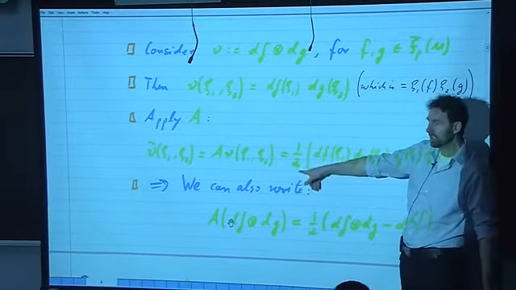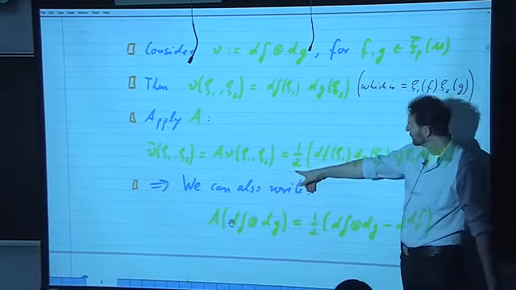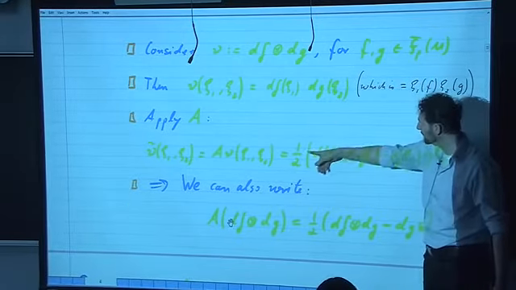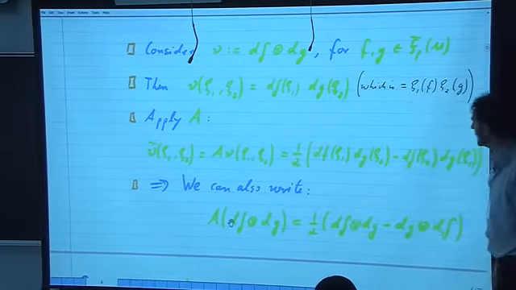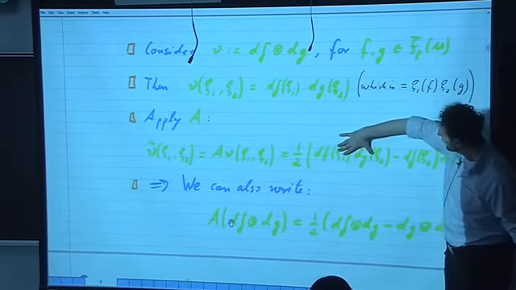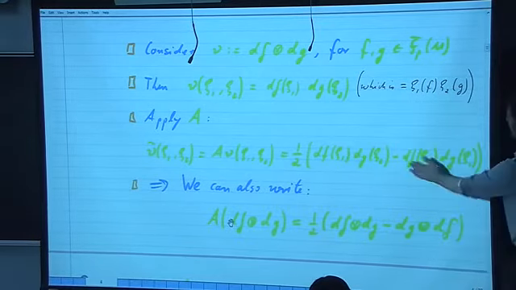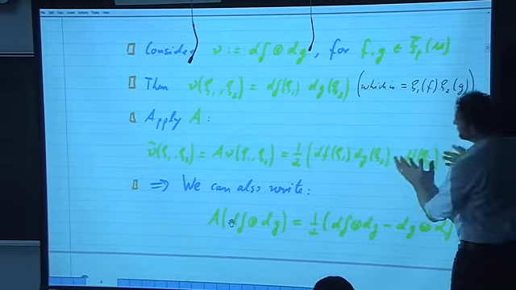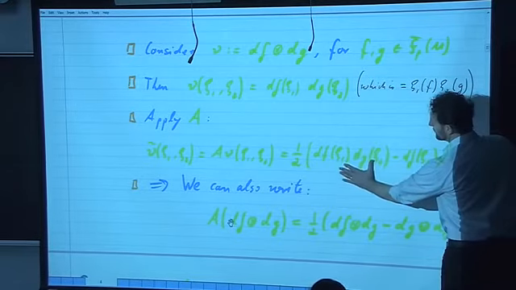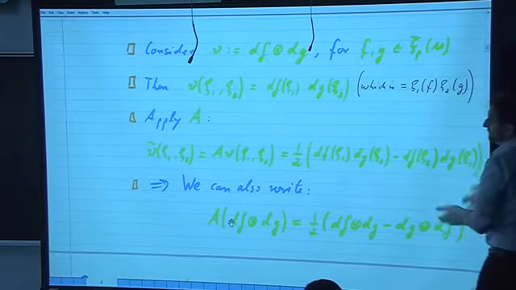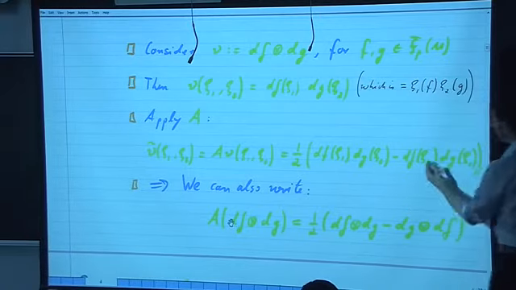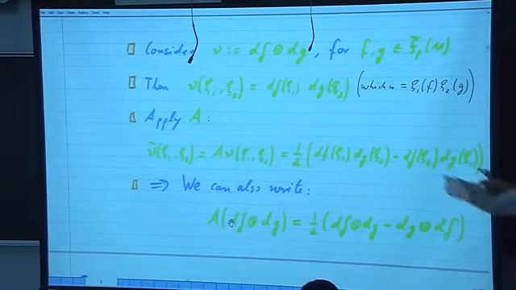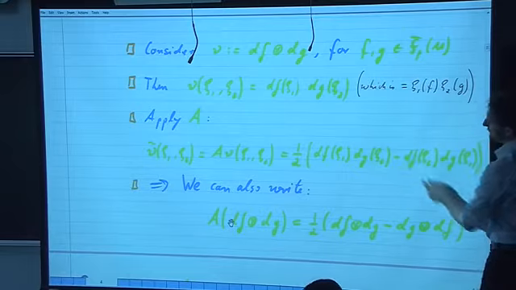This was the combinatorial factor, 1 over r factorial, but we only have 2 here, so it's 2 factorial, which is 2. And then we have df and dg, and we are feeding it the tangent vectors in all possible permutations. And there are only 2, xi1, xi2, xi2, xi1. And this one is an odd permutation, so it acquires a minus sign.